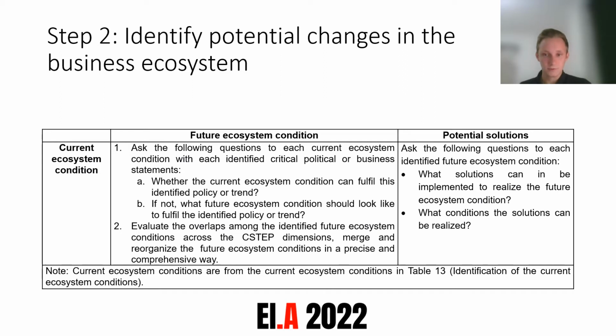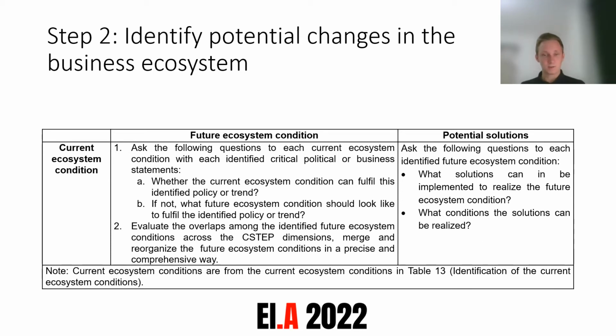And in step 2, we consider all the future goals and regulations, for example climate goals, and by that we can try to see the trends that are going to happen.